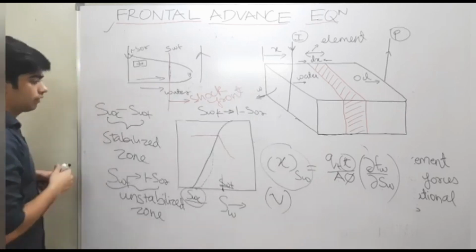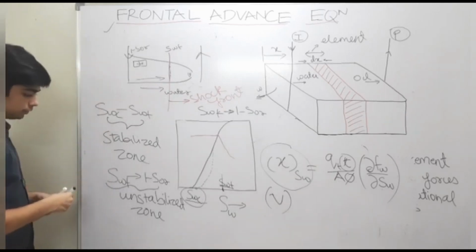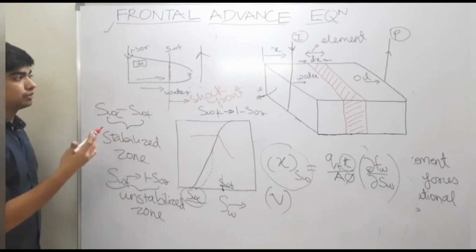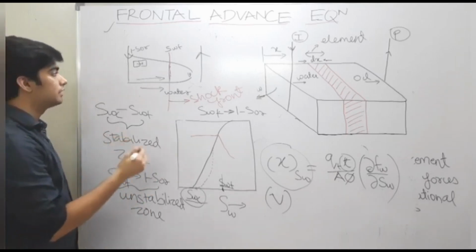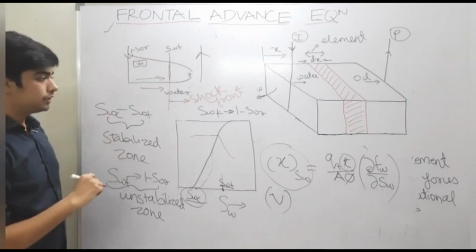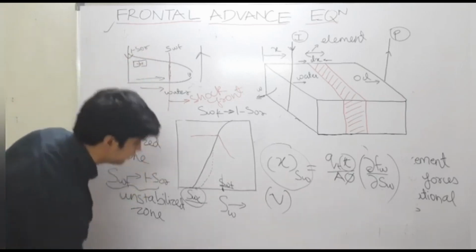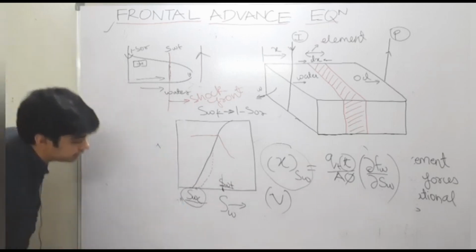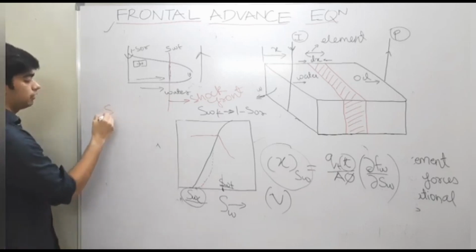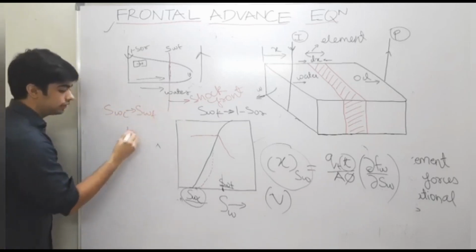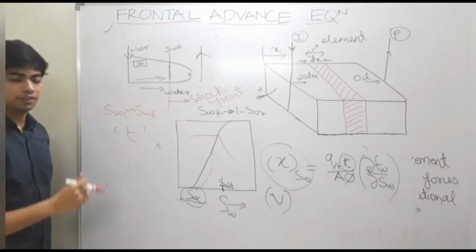Alright, so we have defined the stabilized zone and unstabilized zone, and if I try to define it in simpler terms, then I can say that higher saturation water blocks will travel at different speeds. Or if we take this numerically, then from SWC to SWF, everyone will take t amount of time to travel one specific distance x.